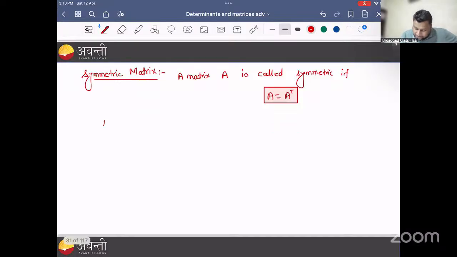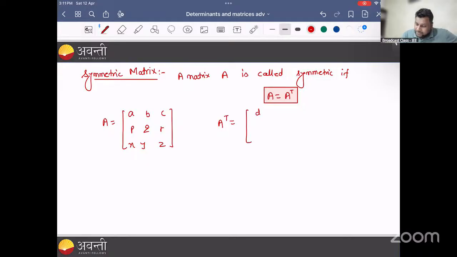Now let us assume we have a matrix A as [A, B, C; P, Q, R; X, Y, Z]. Now its A transpose will be [A, P, X; B, Q, Y; C, R, Z].